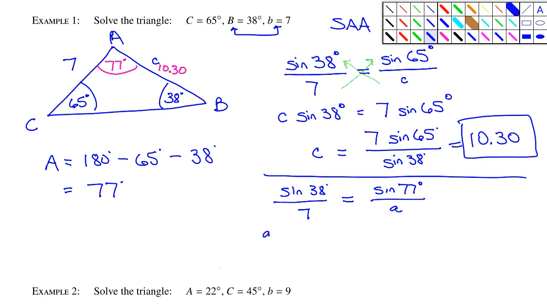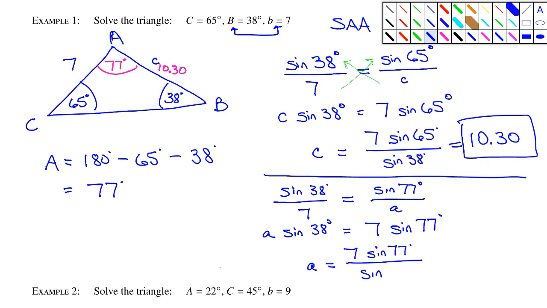Cross multiply, and you get a times the sine of 38 degrees is equal to 7 times the sine of 77 degrees. So a is equal to 7 sine of 77 degrees divided by the sine of 38 degrees. And when you work that out, you get 11.08.